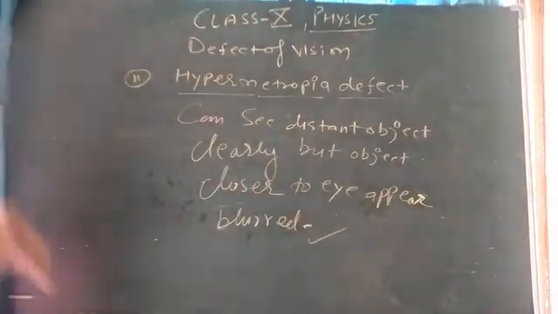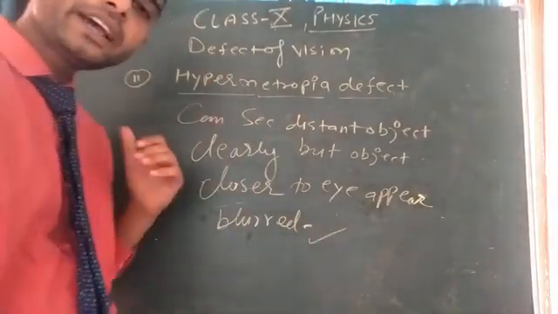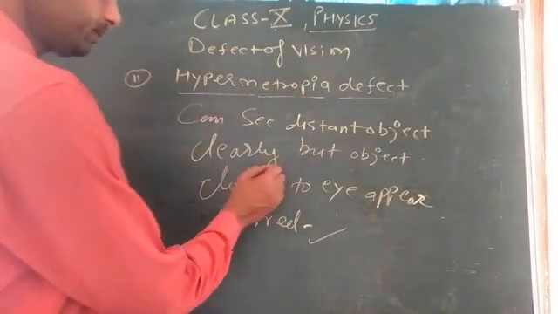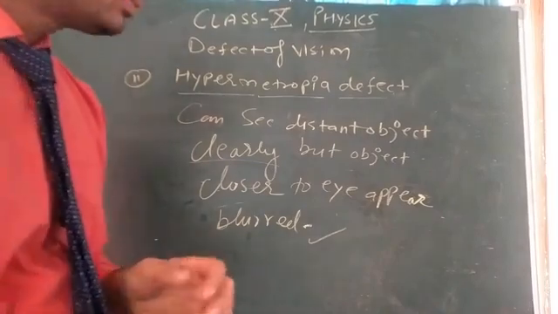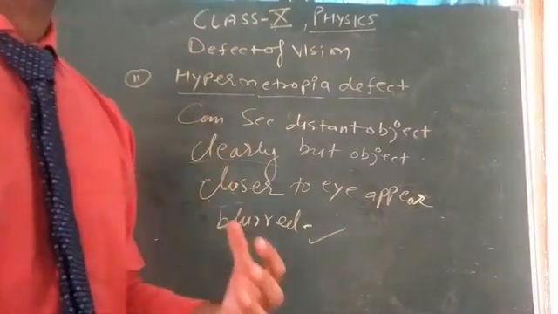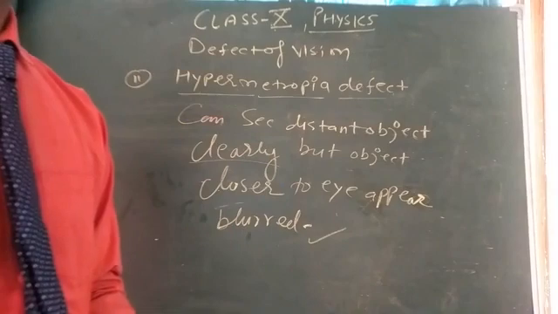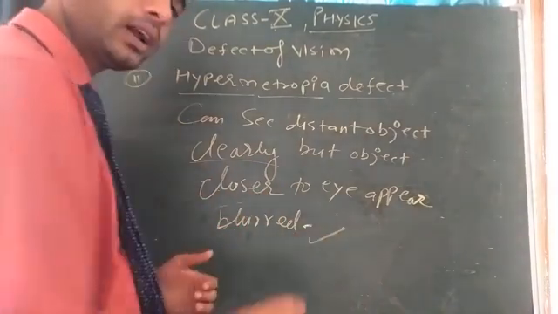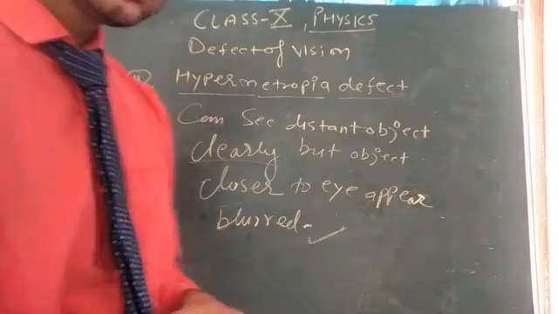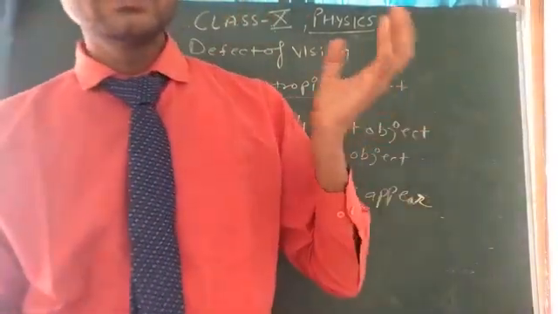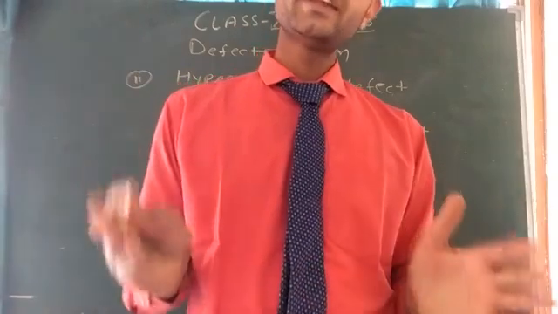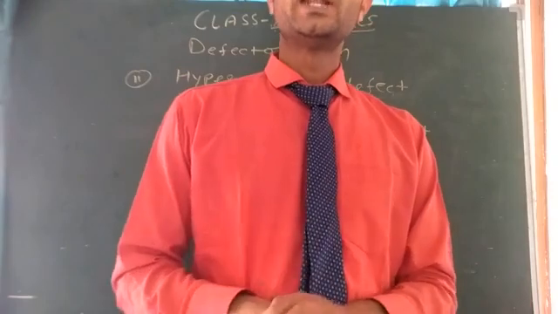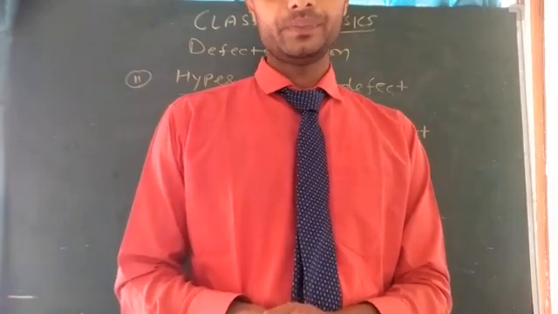In this defect, a man can see distant objects properly or clearly, but when an object is placed close to the eye, then this object appears blur. Okay, so I hope you understand. In hypermetropia defect, a man can see far off objects clearly but is unable to see nearby objects properly.